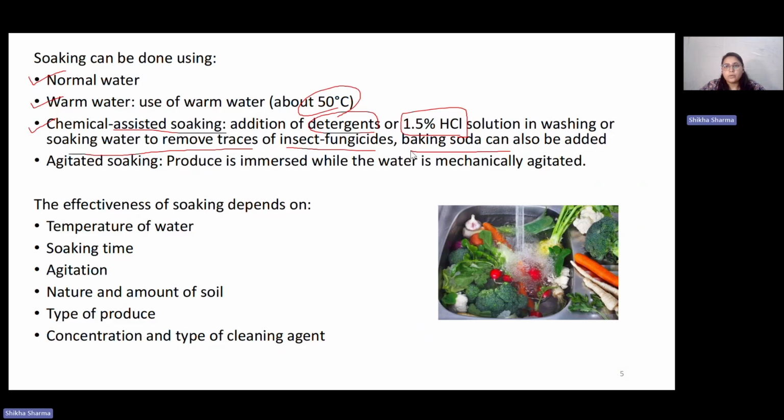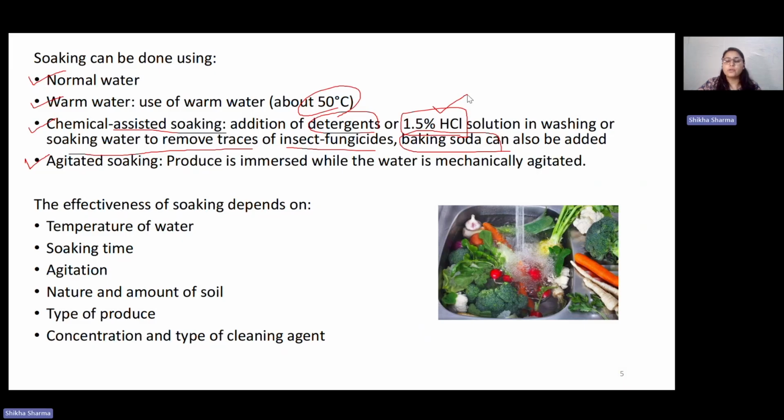Baking soda can also be added in the soaking water so that the cleaning of fruits and vegetables can be done properly. At home we don't use HCl.